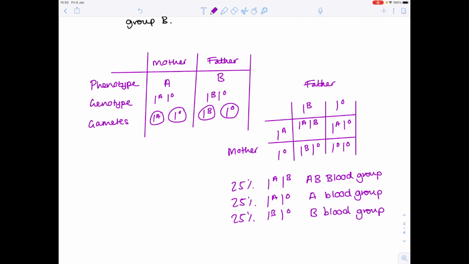And then finally, this offspring is an O blood group. And I've pointed out all my genotypes and how they link with my phenotypes. So 1 to 1 to 1 is your ratio.